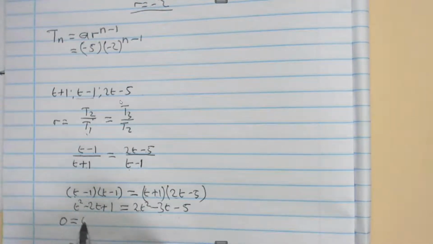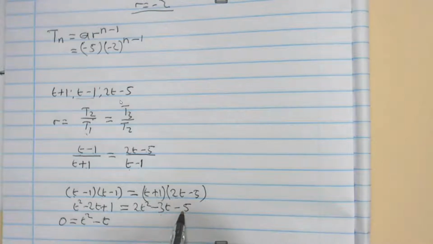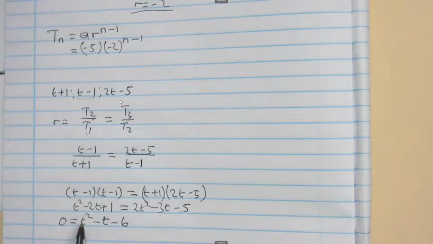That would give us t squared, and then we have negative 3t there, and then this one would be positive. Negative 3t plus 2t would give us negative t, and then we have positive 1. We also have negative 5. Minus 5 plus 1 would give us negative 4... Therefore the equation that we have now is 0 equals t squared minus t minus 6.